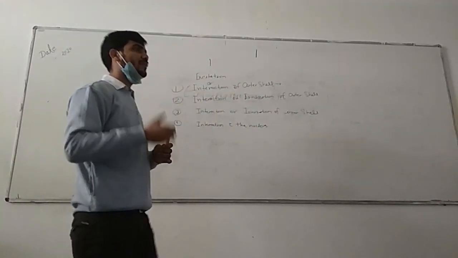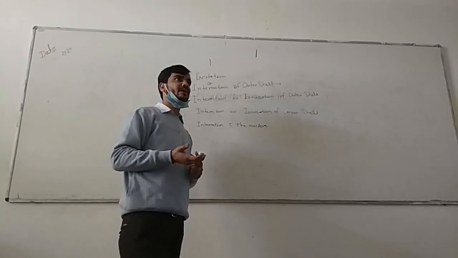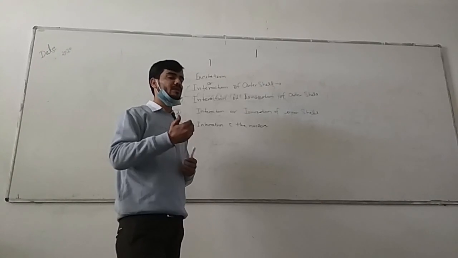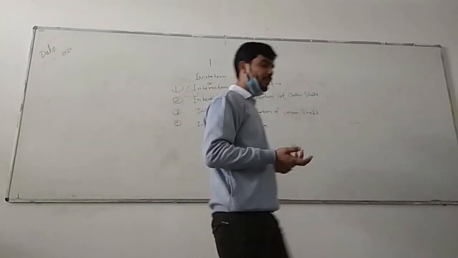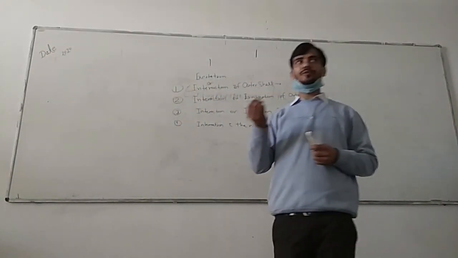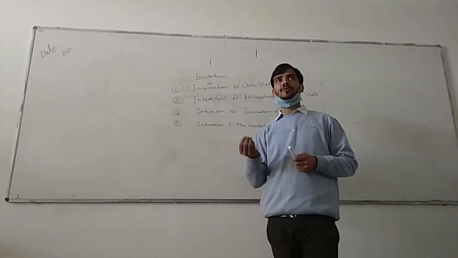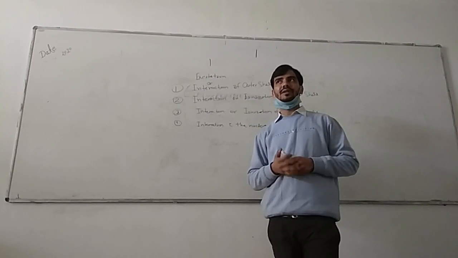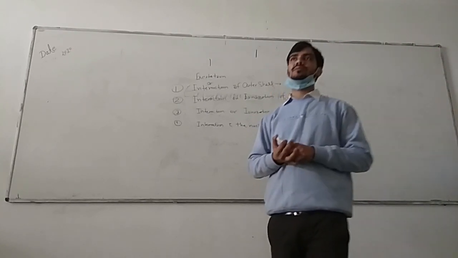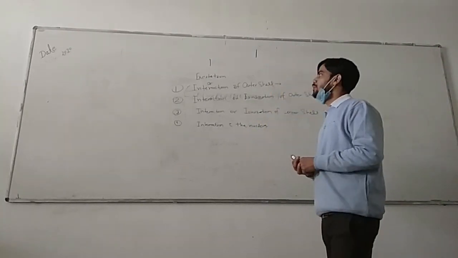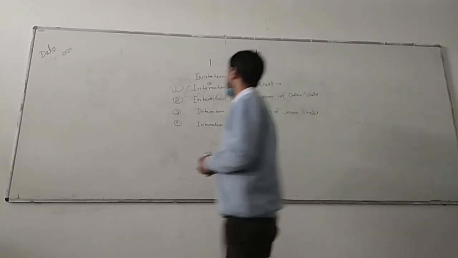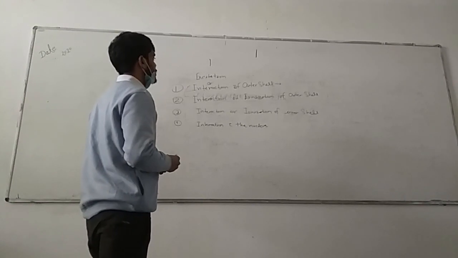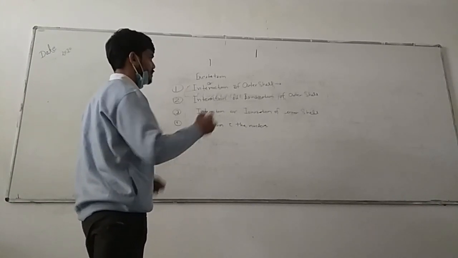Because if any particle has energy, then it moves. The electron moves. But if the electron doesn't have any energy, then it is not a particle. So this is the interaction or excitation of outer cell.